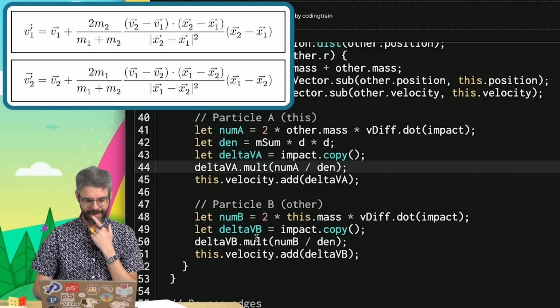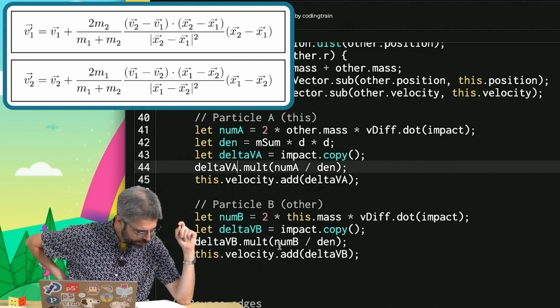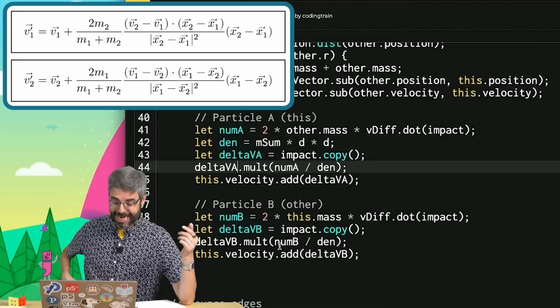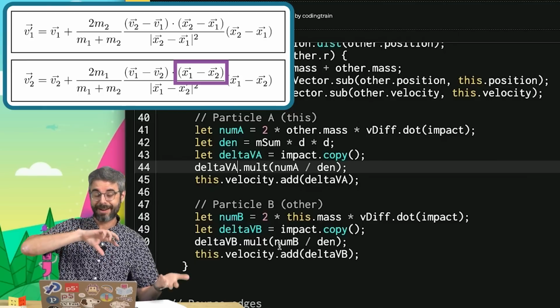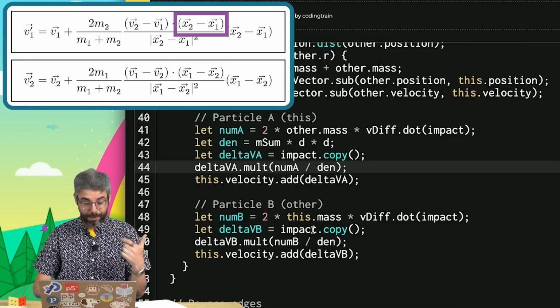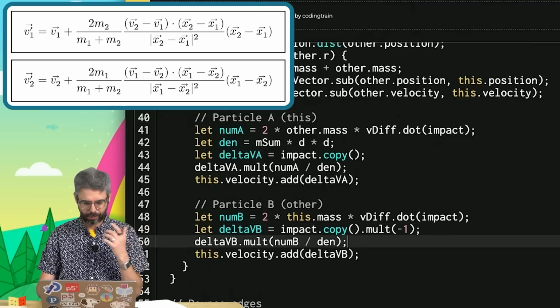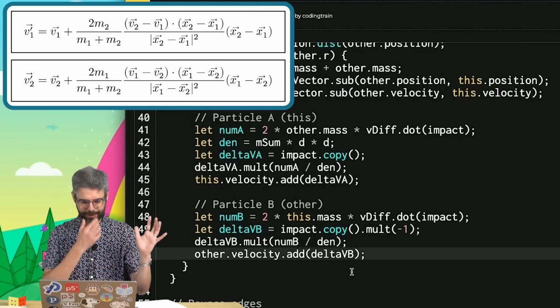Wait a second. The polarity changes because for B, I need to take the difference between x1 minus x2 instead of x2 minus x1, which means just multiply this by -1. So that should work. And then other dot velocity, add delta VB.